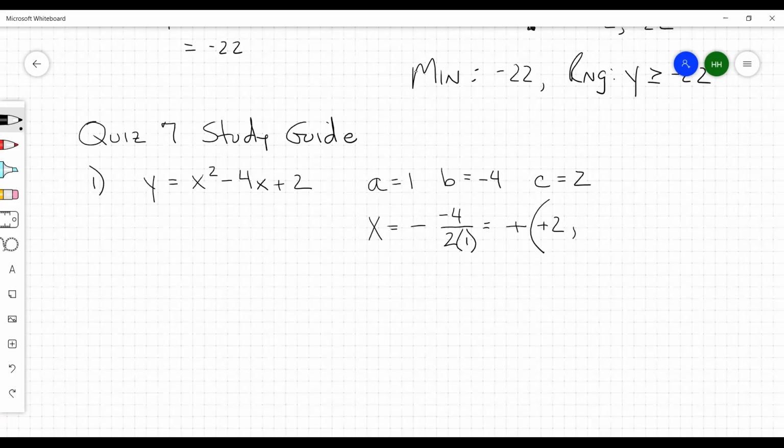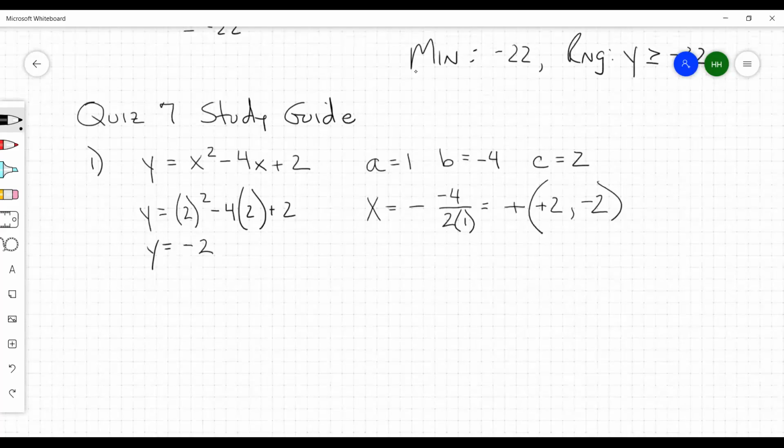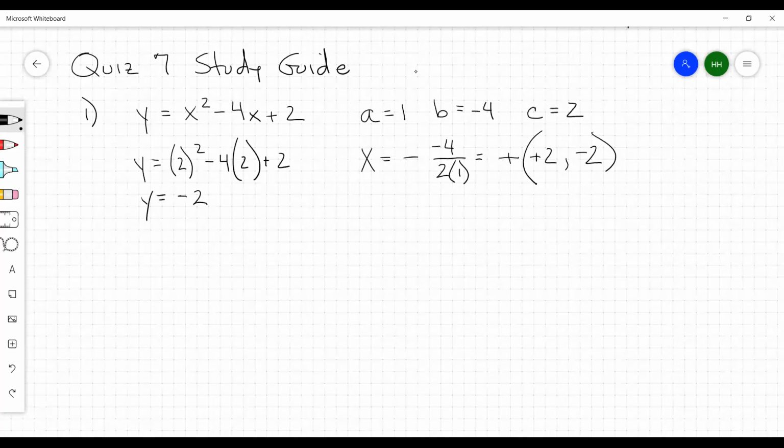Then we substitute. So our y is going to be equal to 2 squared minus 4 times 2 plus 2. So our y at the vertex is equal to negative 2. Now when you graph this, yours is going to be multiple choice tomorrow, and you're going to need to pick the correct graph.